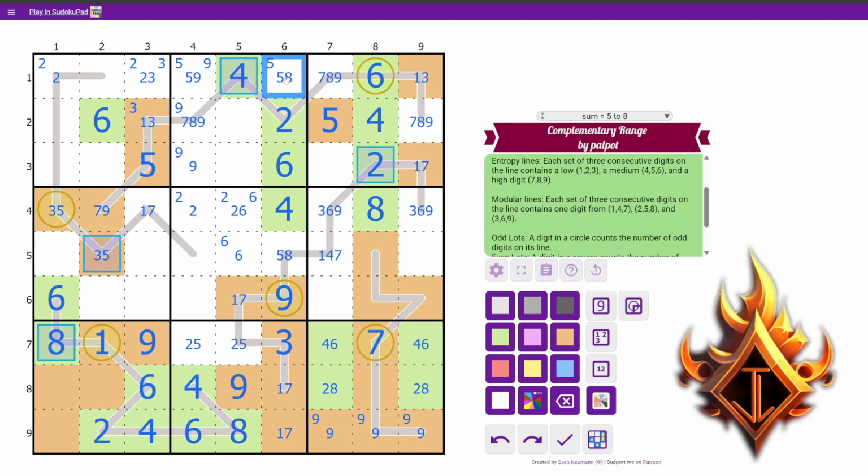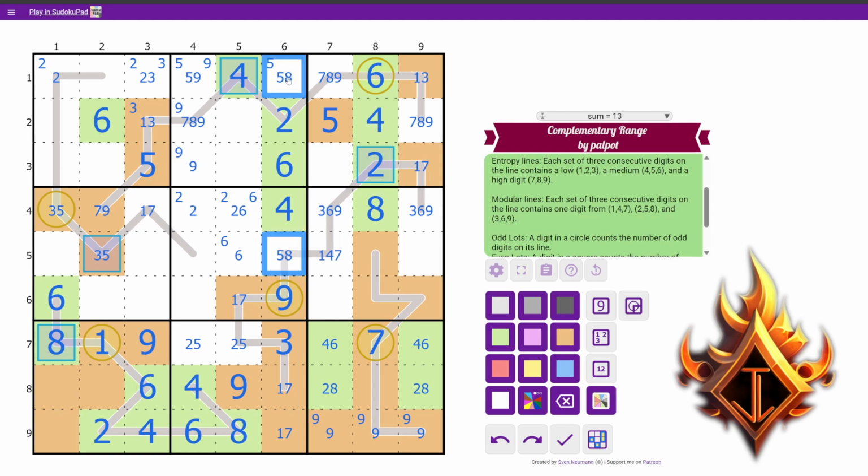How about if this is 8? If this is 8, it would have to go... Ah, that would be broken. If this is 8. Oh no. No, hold on.